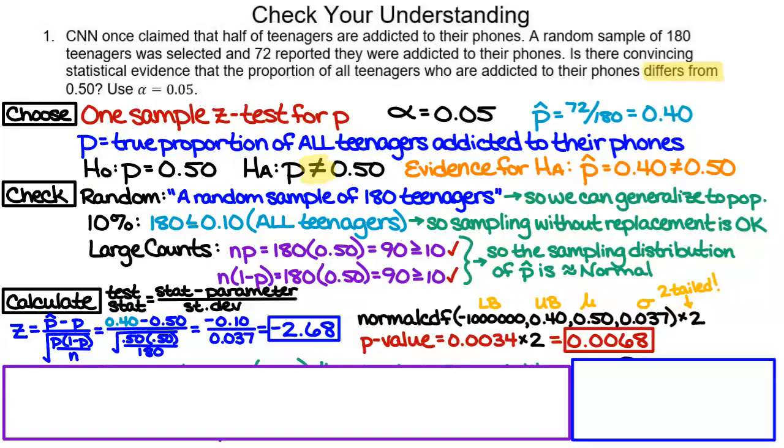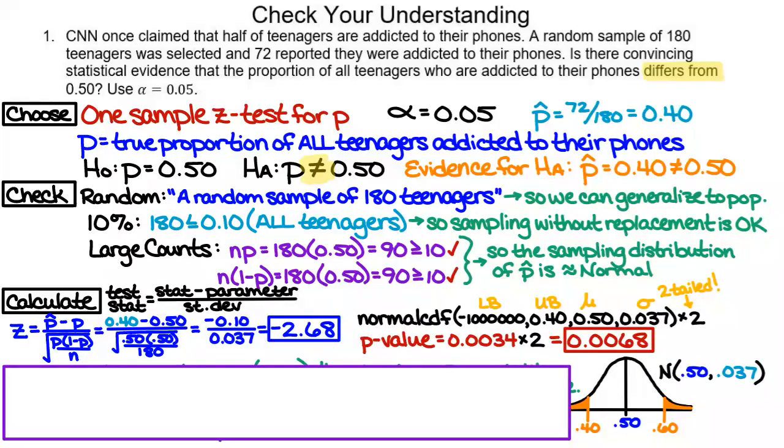Then we do normal CDF: lower bound, upper bound, mean, standard deviation. We have to take this times 2 because this is a 2-tailed test. In picture form, this looks kind of like this. Here's my p hat, 0.40. The same distance away on the other side, since these are 0.1 apart, I would go 0.1 on the other side.